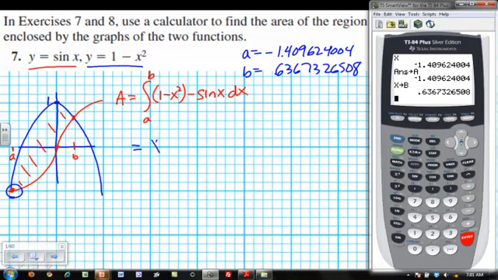Antiderivative of 1 is x. The antiderivative of -x squared is -1/3 x cubed.